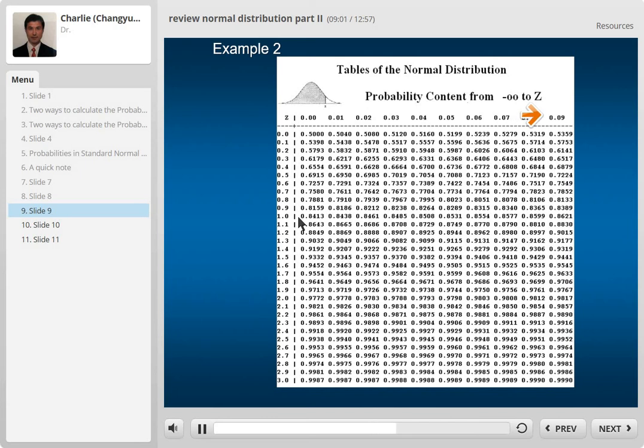On the first column on the left-hand side, we have z: 0.00, 0.01, and it goes all the way to 3.00. Actually, in our textbook, it goes all the way to 6.0. So let's learn how to use it.